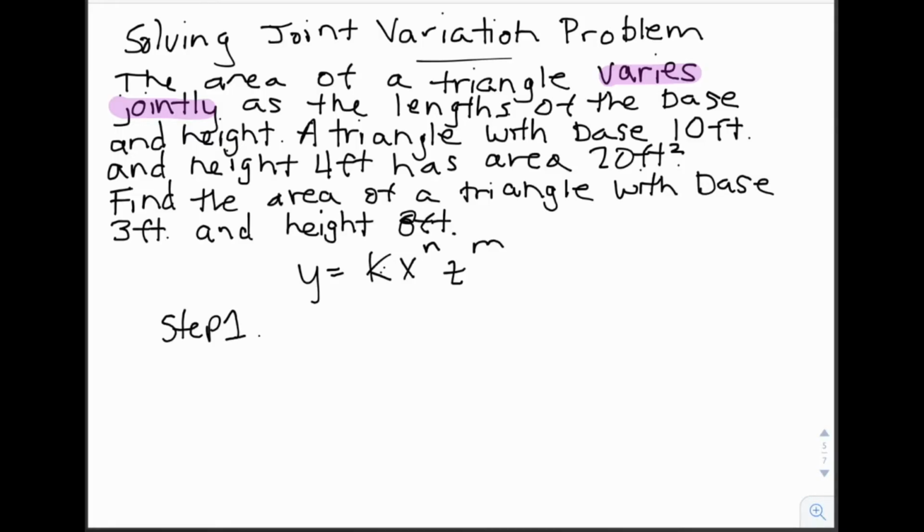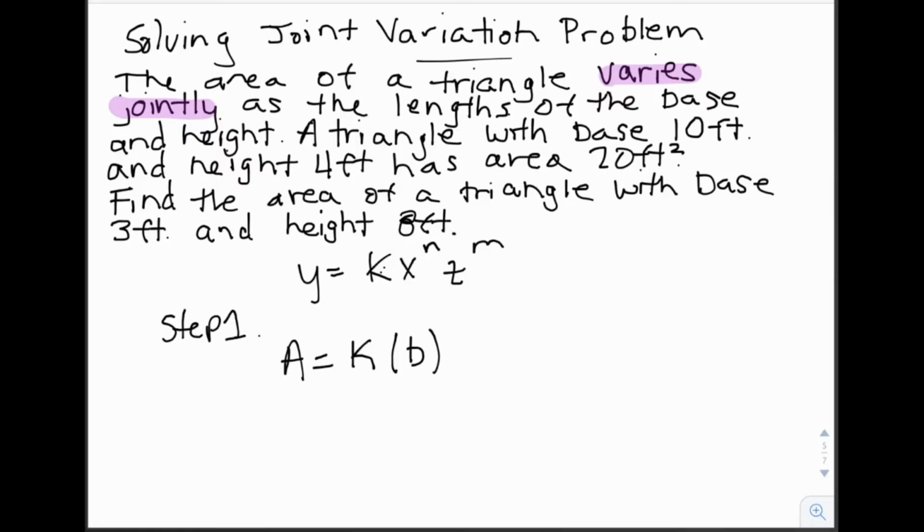So using y is equal to k x raised to the n, z to the m, we know that the area of a triangle is equal to some constant k. In this case, we actually know that it's going to be 1/2, but let's look at this example to validate that. And then we'll have x raised to the n, or in our case, b.